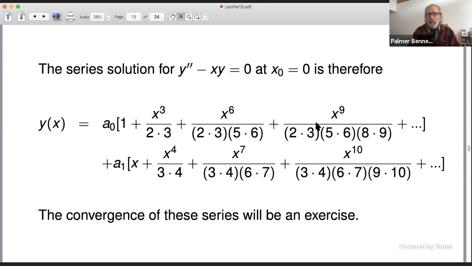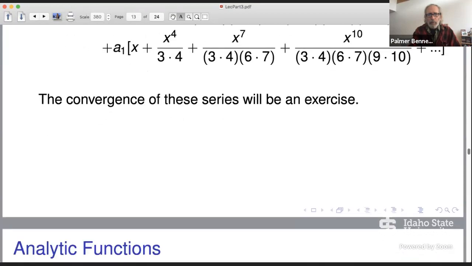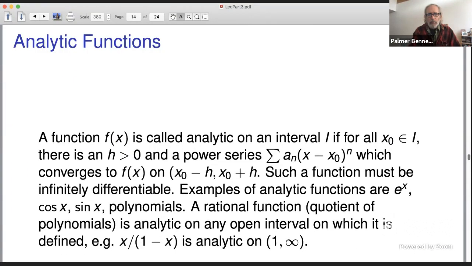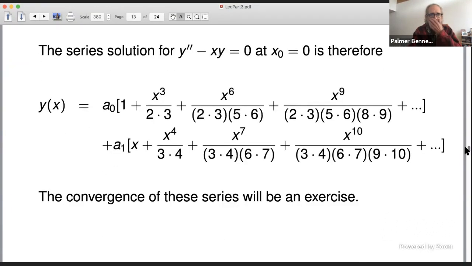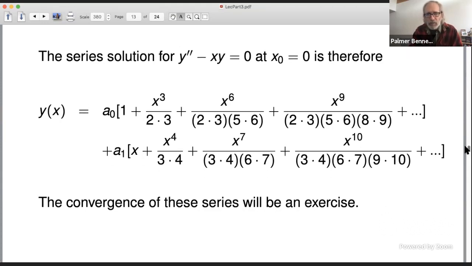They have kind of interesting behavior. And let's just go into some of the theory about this. So this is just another example. We'd still have to show the convergence of these two series to really be convinced that they represent solutions.